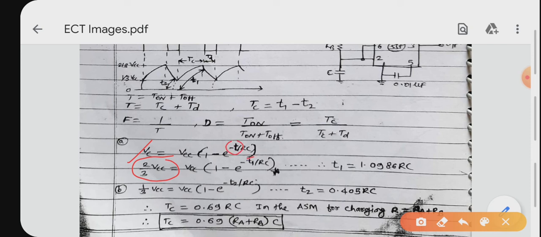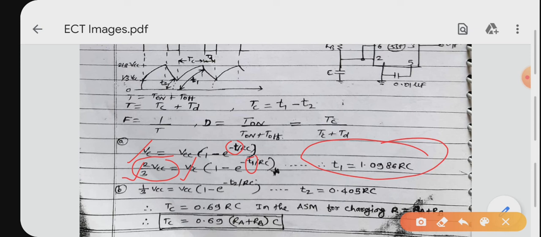Instead of t we will consider T1, the time taken by the capacitor to charge from 0 to 2/3 VCC. Therefore the capacitor voltage is 2/3 VCC, which equals VCC times (1 minus e raised to minus T1 by RC). So you will get T1 equal to 1.0986 RC.